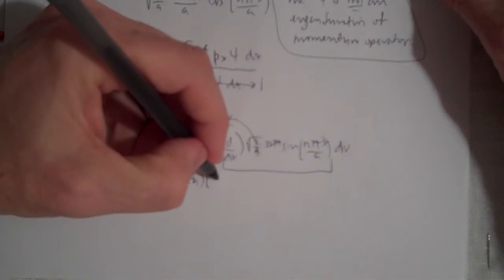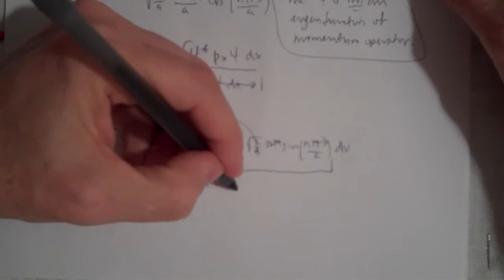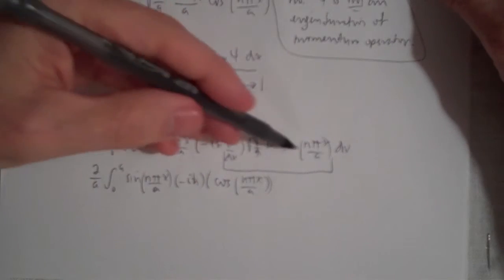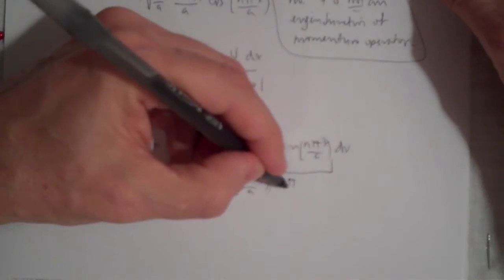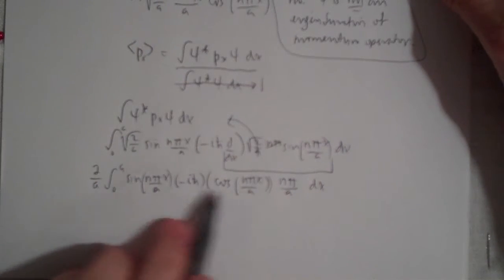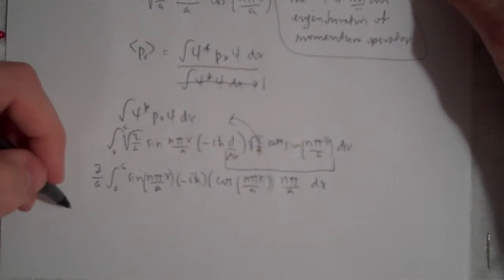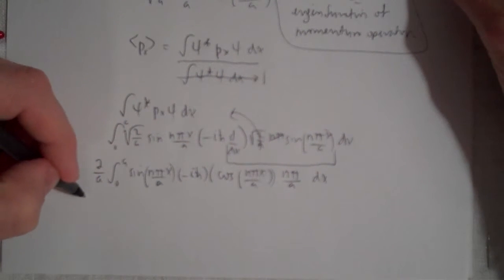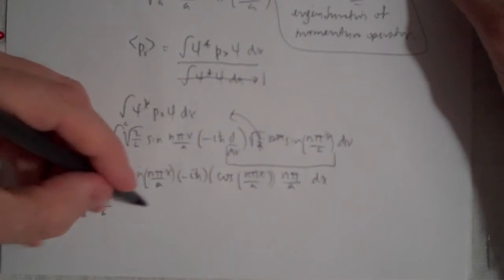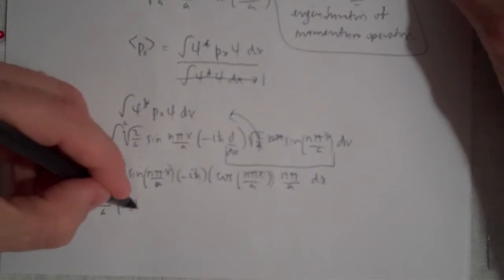The derivative of that is cosine n pi x over a times n pi over a. This is dx. Okay, I'm going to pull that constant and that constant out front. So this becomes 2 over a n pi over a times minus i h bar.